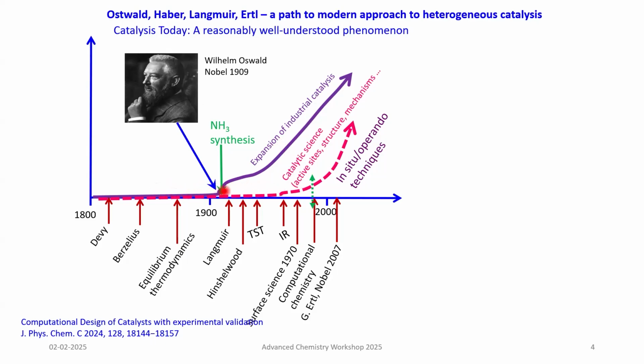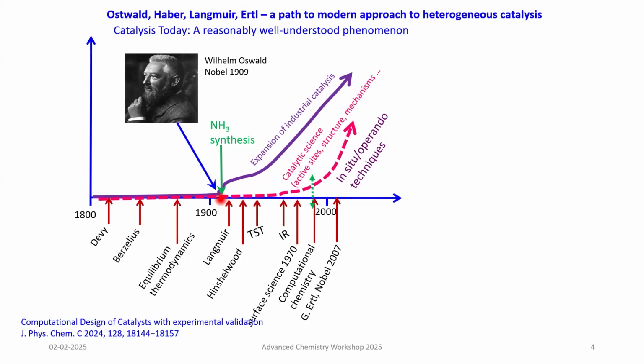And simultaneously, if you see this dotted line here, Langmuir started defining what is catalysis. Does it strike you what Langmuir is when I say Langmuir? Langmuir isotherm. He started quantifying this phenomenon, because quantification is also important, right?